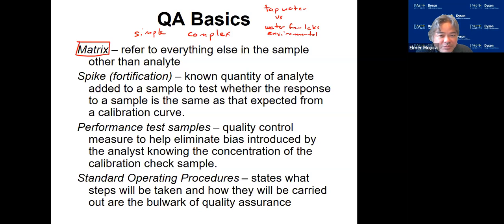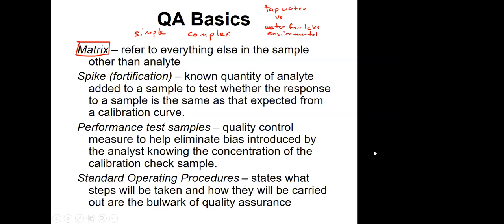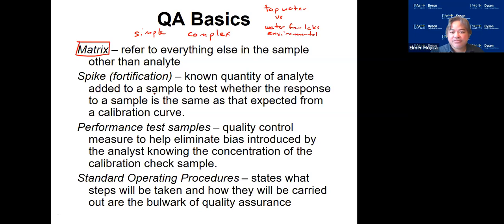Can you say environmental water is the same in terms of matrix complexity as the tap water? So which one has a more complicated matrix? The tap water or the environmental sample. The environmental would be more complicated, right? Yep. So the environmental sample is the one that is more complicated.